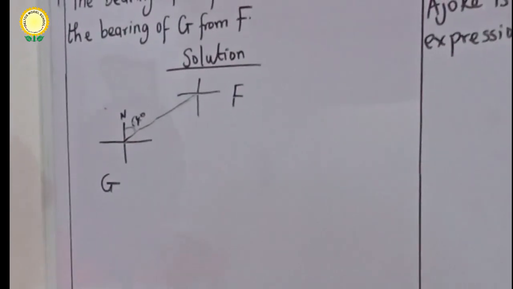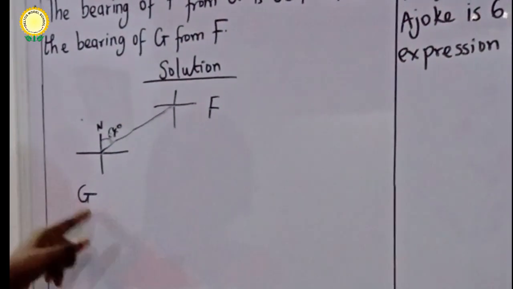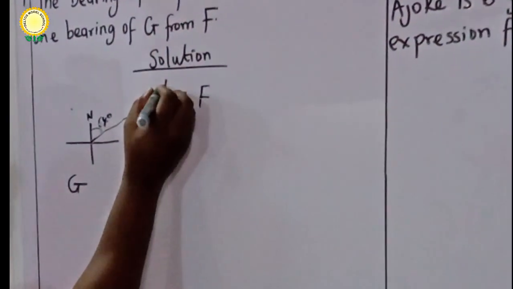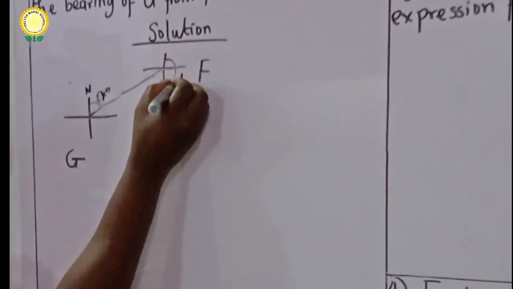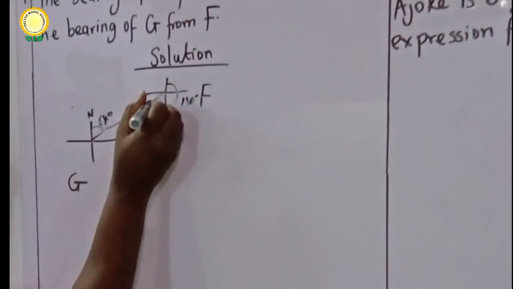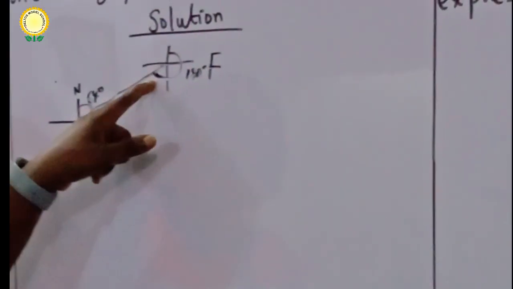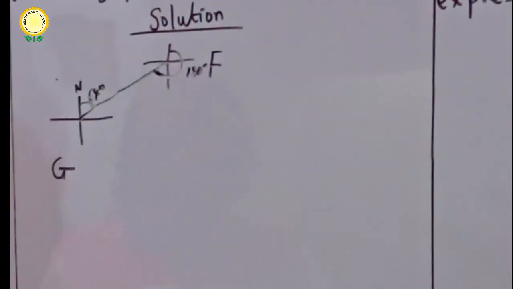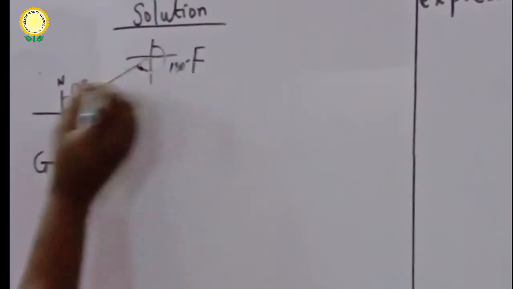The question now says, what is the bearing of G from F? This is how you calculate the bearing of G from F. From north to south is 180 degrees. Then what is the angle here? If the angle here is 180 degrees, what is this small angle here? If you look at it very well, it is alternate to 64 degrees.